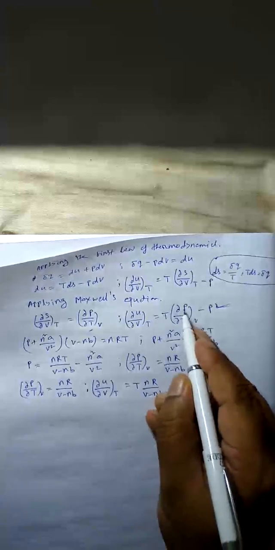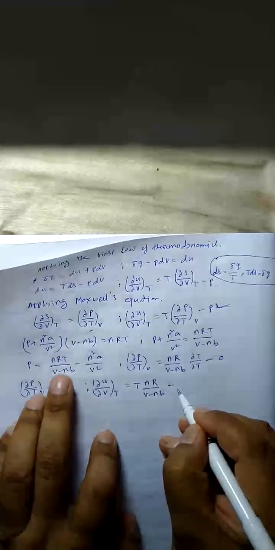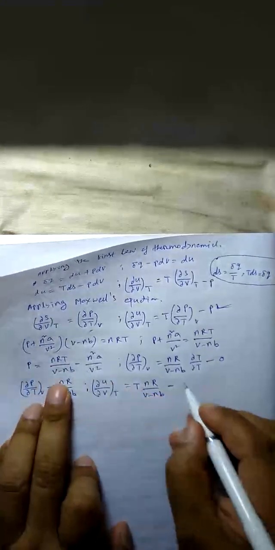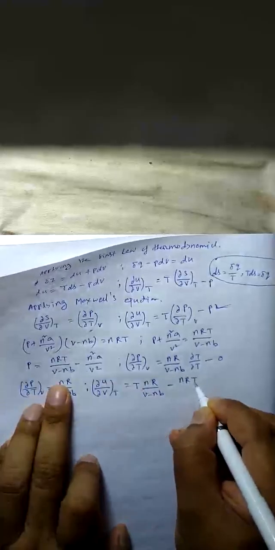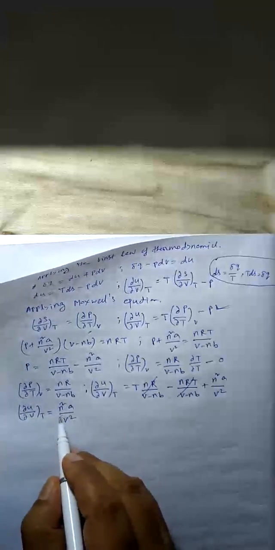We get the ∂P/∂T value here, then minus P. The P value is from the van der Waals equation: nRT/(V minus nb) minus n²a/V². This one cancels. So (∂U/∂V) at constant T is equal to n²a/V². Now substitute this value in the first equation.